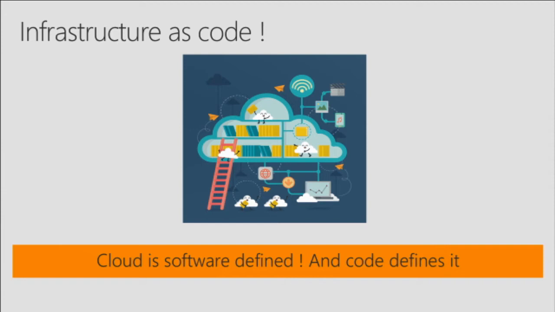So the concept of infrastructure as code is making infrastructure symmetrical to code, which allows you to structure what infrastructure you need, when you need it, and you can create and destroy infrastructure just the way you can create and destroy code. That's the core concept of infrastructure as code.